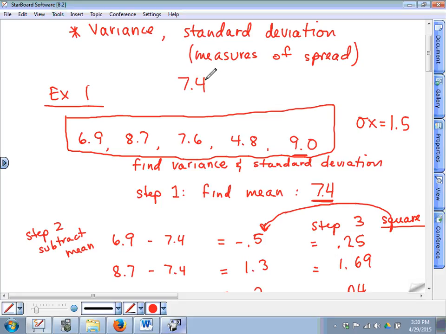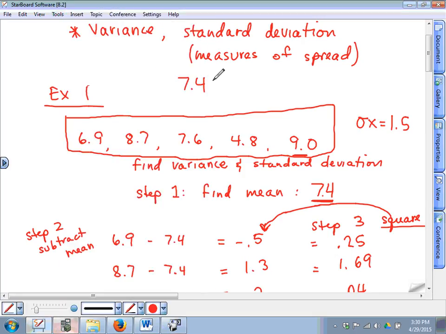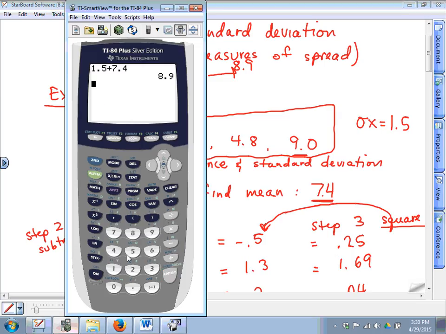If you add 1.5 to 7.4, we get 8.9. If we subtract 1.5 from 7.4, so 7.4 minus 1.5, we get 5.9.